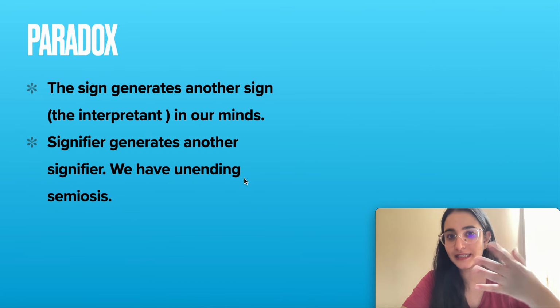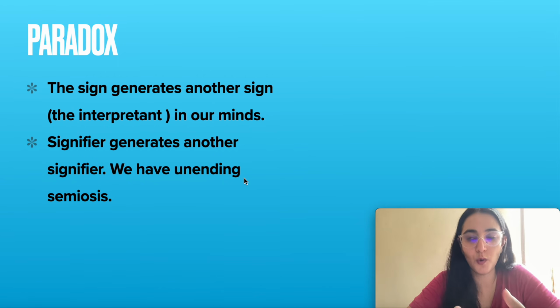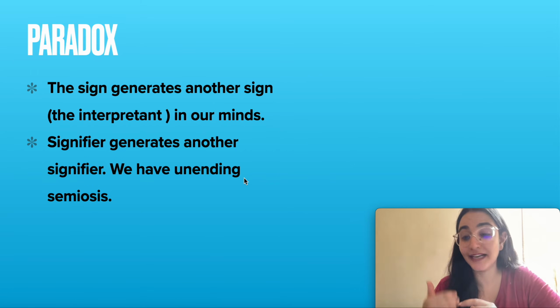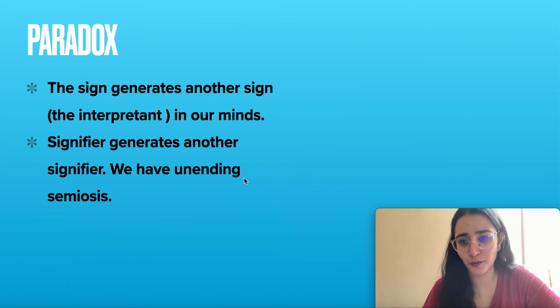If I ask you to describe to me the meaning of go, you will say, okay, go means to cross the light. I can ask you, okay, what is cross? And then you will again try and explain to me the meaning of crossing. You will say when you pass by it, and then I can again ask you, what do you understand by passing by?